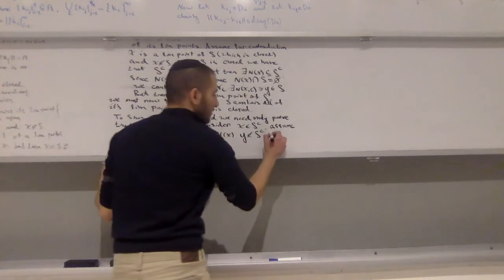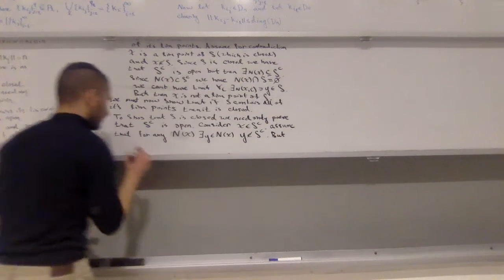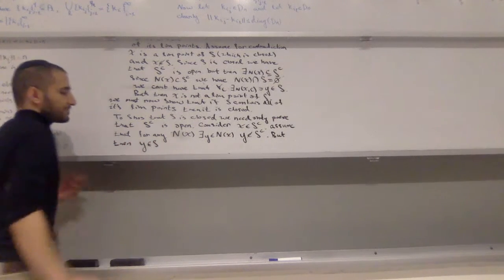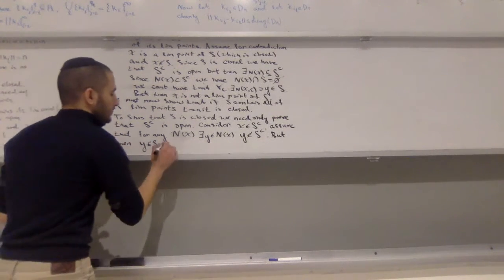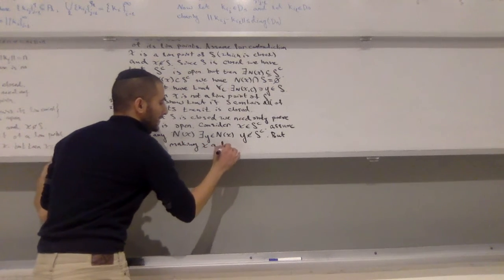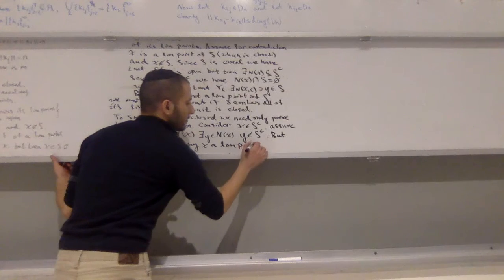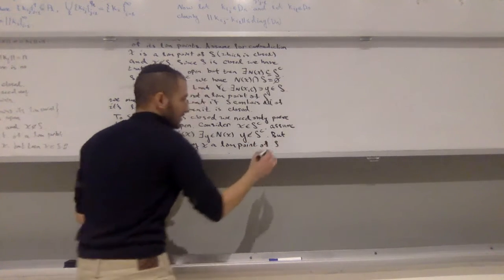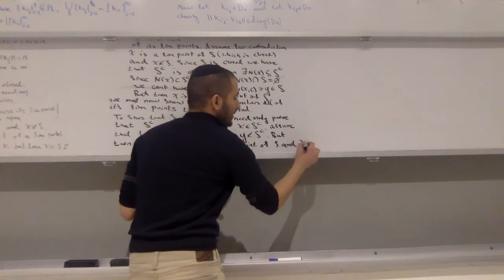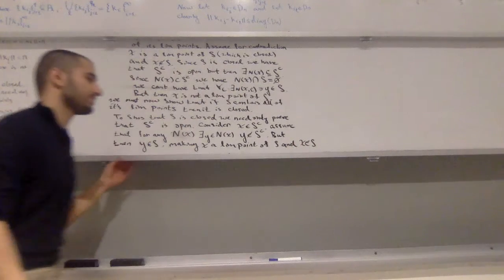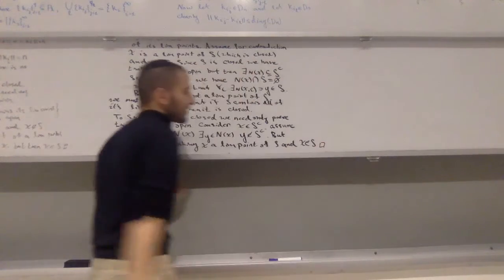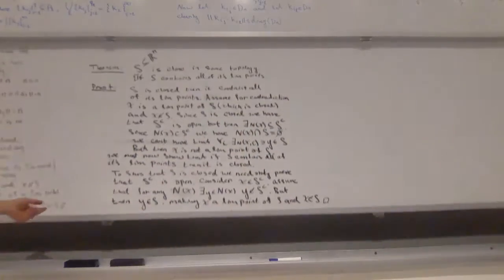But then, Y is in S, making X a limit point of S and X in S by assumption. And that's a contradiction. So that's the end of the proof.